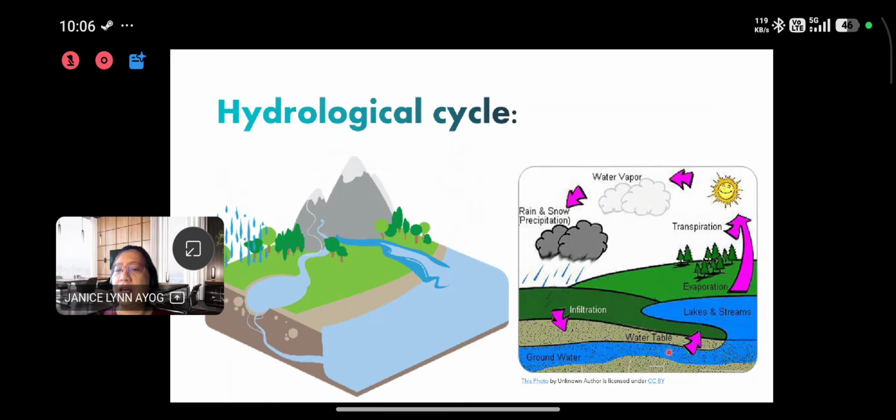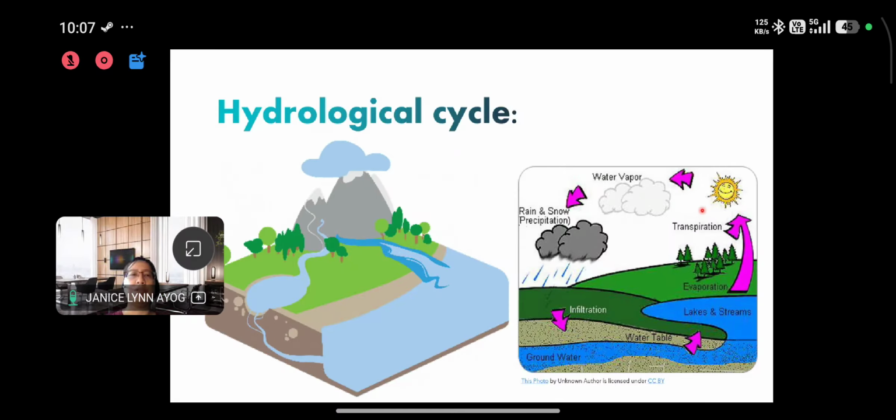And then from the groundwater, it goes back to the lakes and streams. In certain cases, that groundwater supplies the lake and also streams or rivers. And then it goes back as a cycle: evaporation, transpiration, water vapor and so forth. So it's actually a cycle in this case.